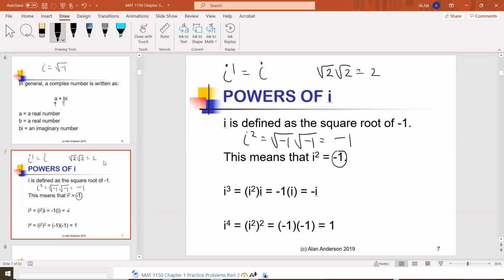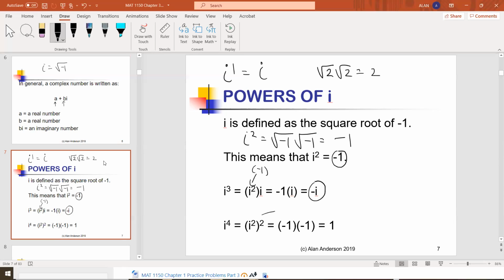Now, what happens if I cube i, to the third power? Here we go. I can rewrite this as i squared times i, and i squared, we just got through proving, is -1. So I end up with -i. And then how about i to the fourth? That's i squared squared.